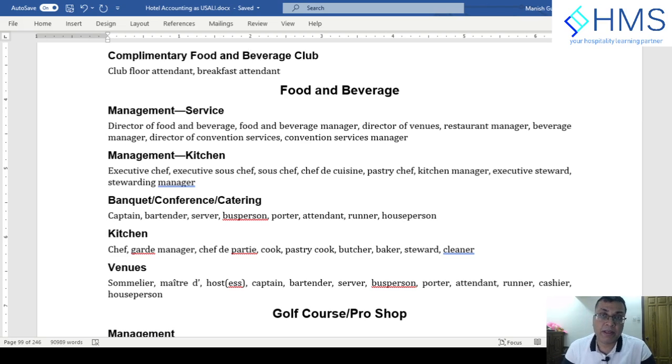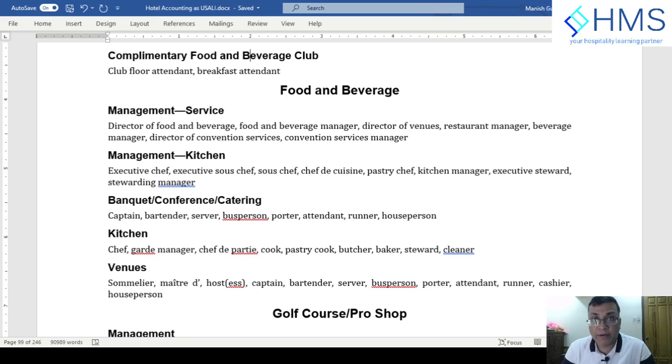If the F&B department has a marketing manager, then it will also go there. The management are not the people who are facing the guest directly while servicing. They are more on the administrative side of either service or the kitchen. They are mostly responsible for planning and organizing.